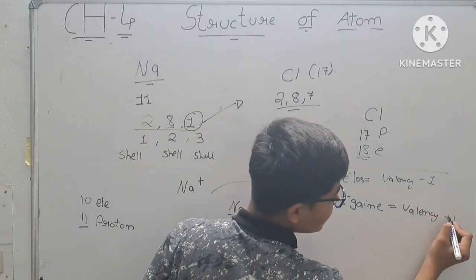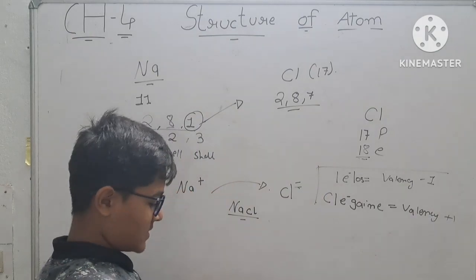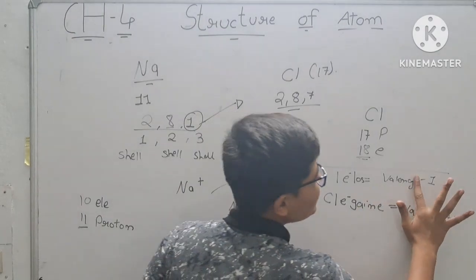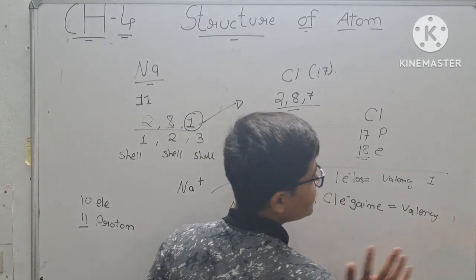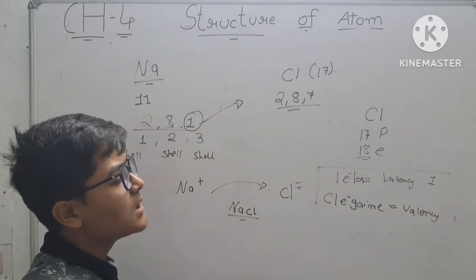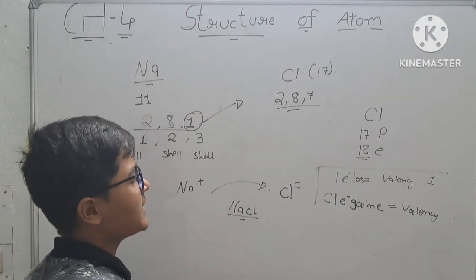Plus 1, because he was gaining. Whether it is plus or minus does not depend on that. You just remember that valency depends on giving or sharing.